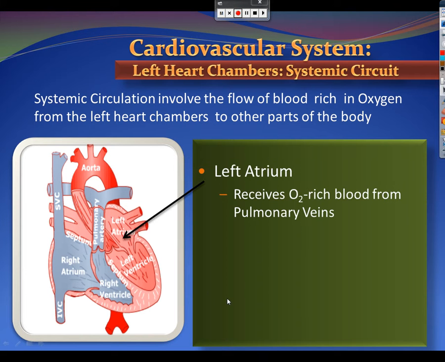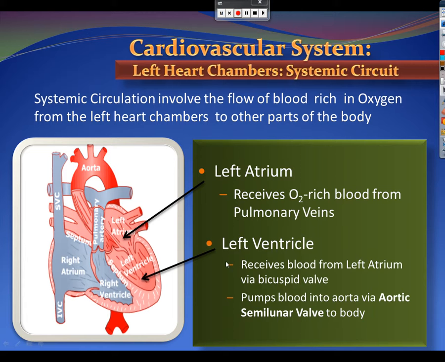So your left atrium receives blood through your pulmonary veins, and it's going to pass through the left ventricle, and then through the aortic semilunar valve that will eventually make its way out with oxygen to the rest of the body. When it makes it to the cell, it's going to make the exchange of leaving the oxygen and taking the carbon dioxide from the cell.